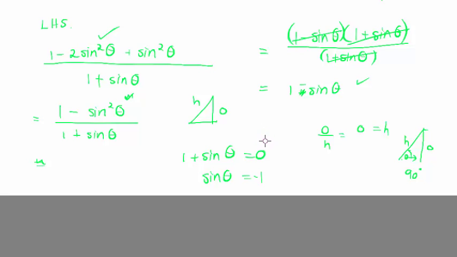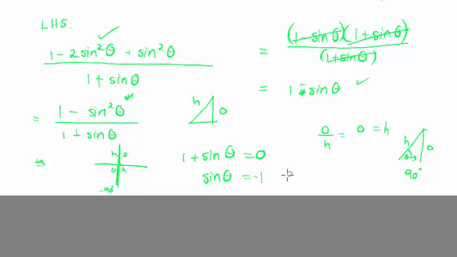So look here. At 90 degrees, my opposite and my hypotenuse are the same length. But 90 degrees is in the first two quadrants, where sine is positive. I want negative 1, so it must be negative 90 degrees, because then your opposite is also equal to your hypotenuse.